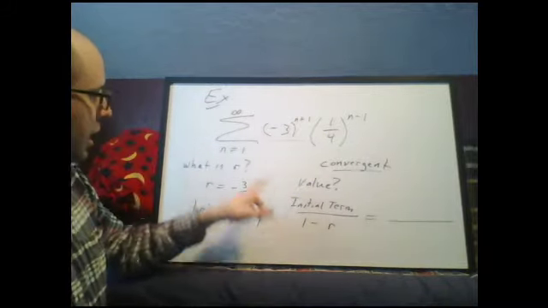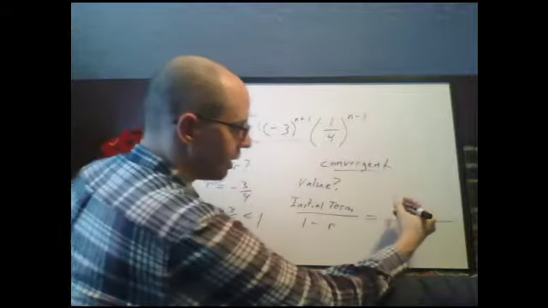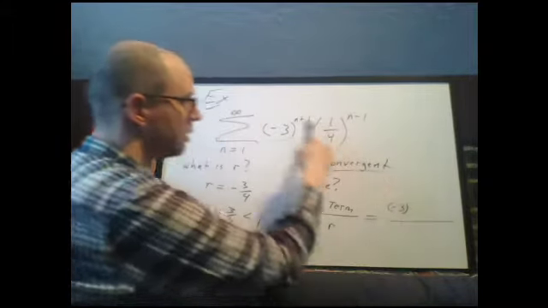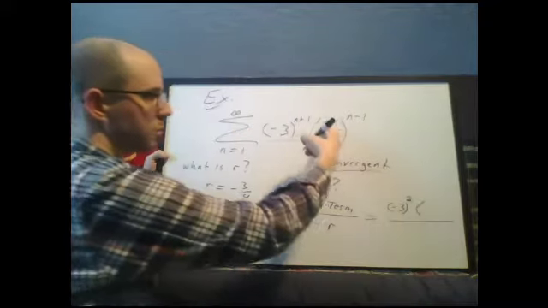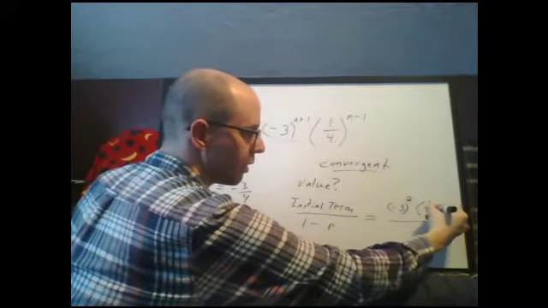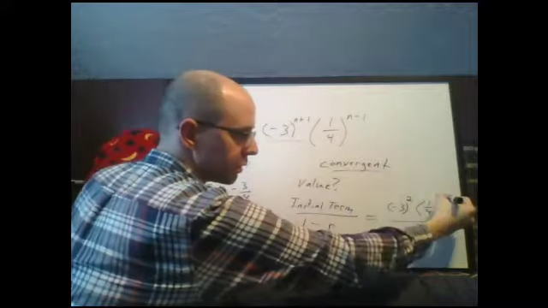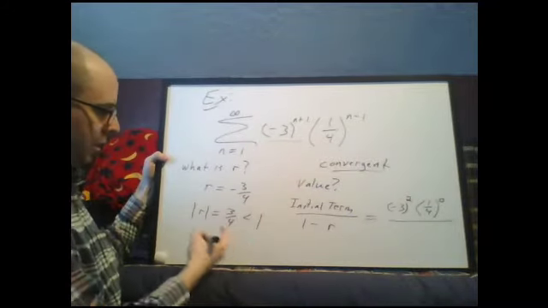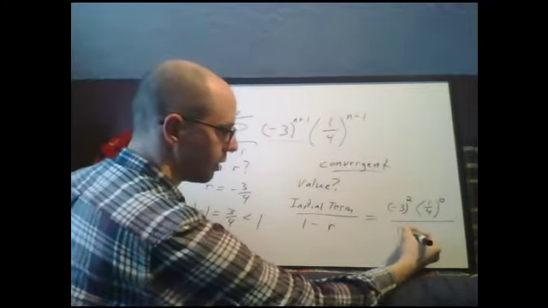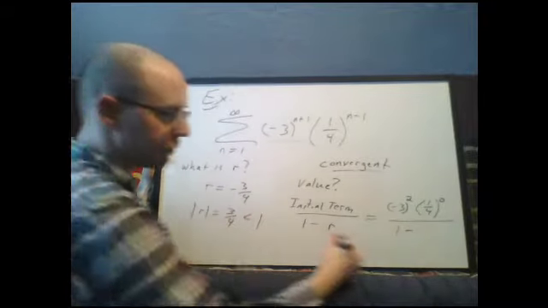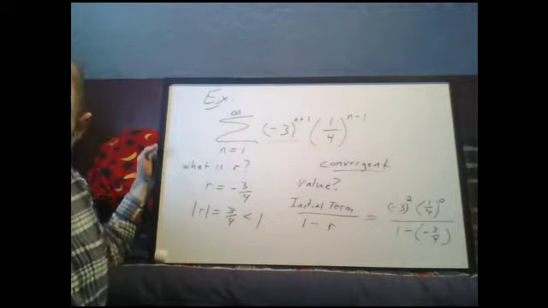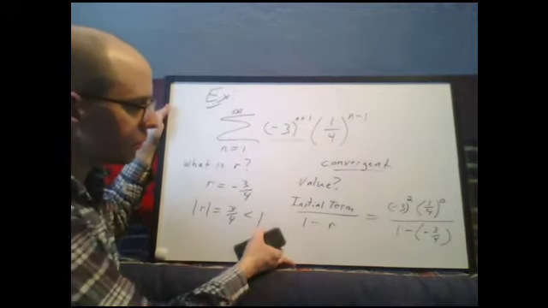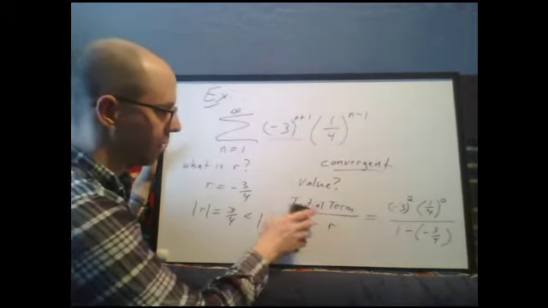So when n is 1, I'll get -3 to the 1 plus 1 is 2, so -3 squared, times 1/4 to the 1 minus 1, which is 0. And 1 minus r, r is -3/4. So 1 minus -3/4, which I'll then have to simplify.